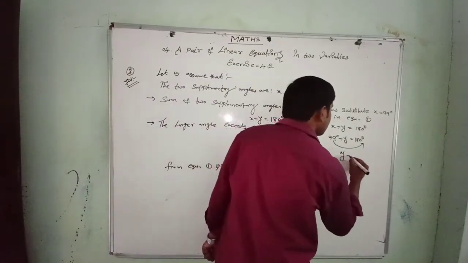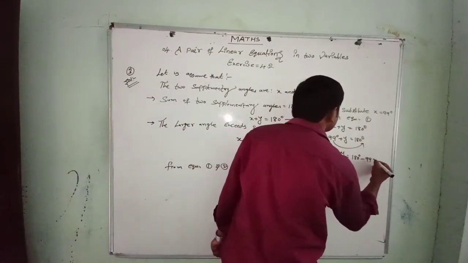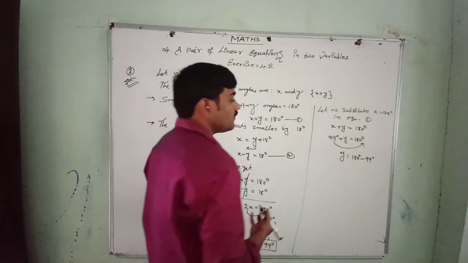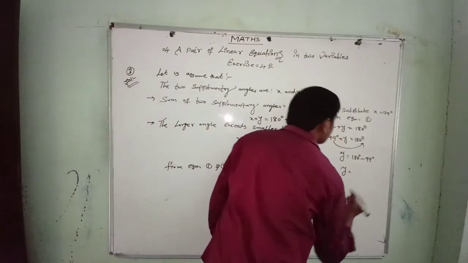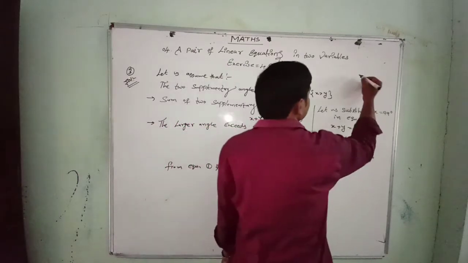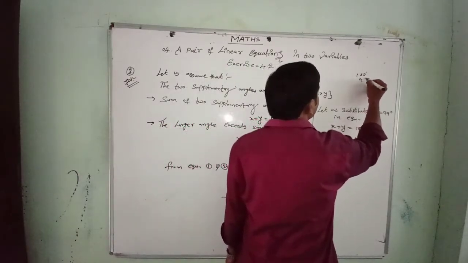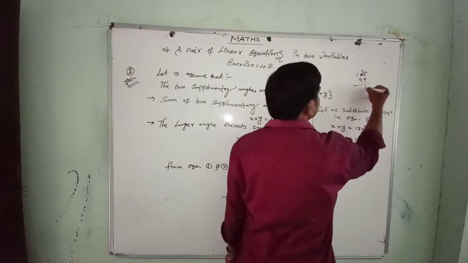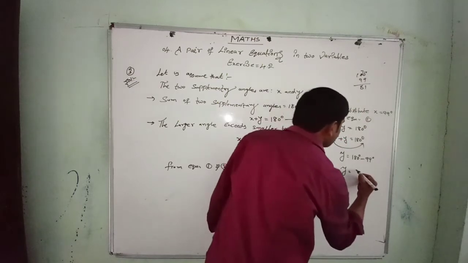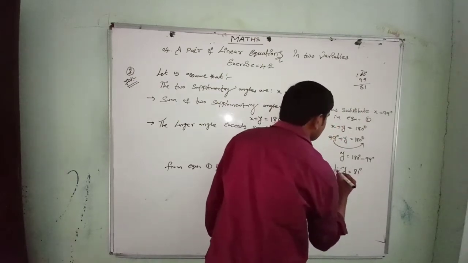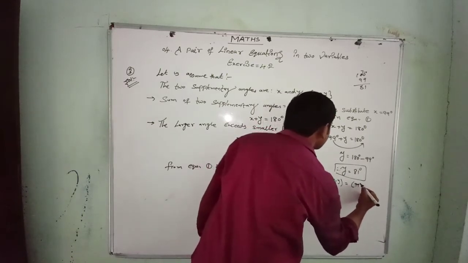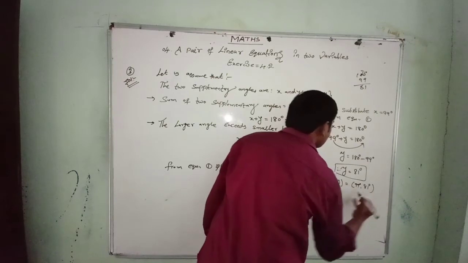So y equals 180 degrees minus 99 degrees, which is 81 degrees. Now we got the x and y values: x is 99 degrees and y is 81 degrees.